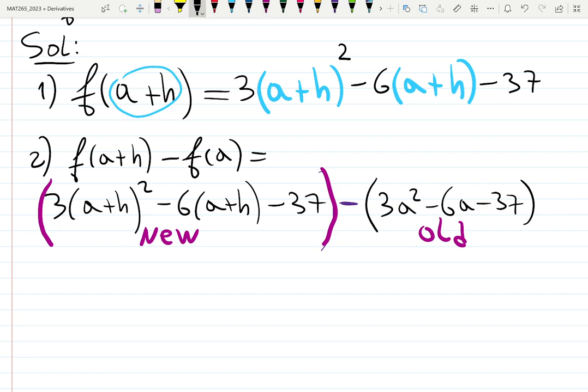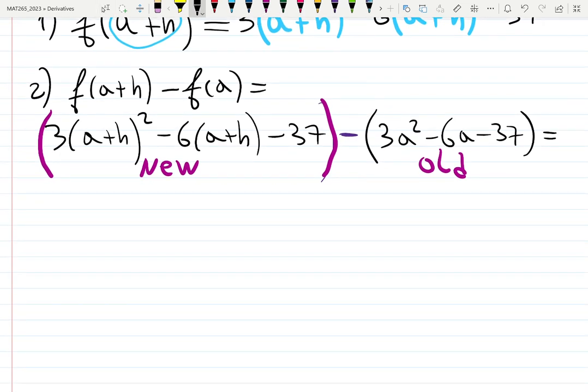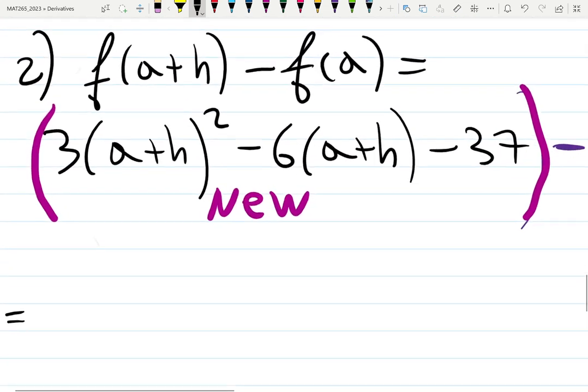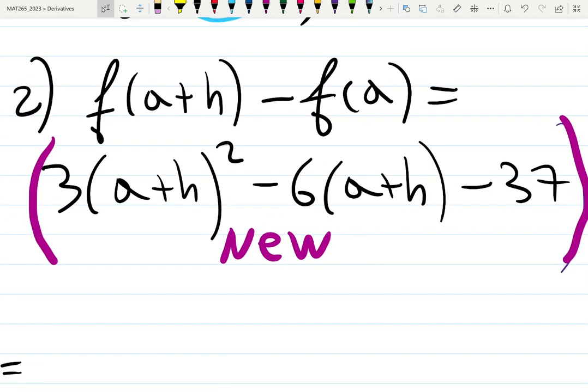Step, continue. We need to simplify this mess so we don't have to struggle with it. To simplify, what formula should I use for a plus h squared? Square? Yes. Yeah, do you know the name of it? Square of sum or square of difference formula.